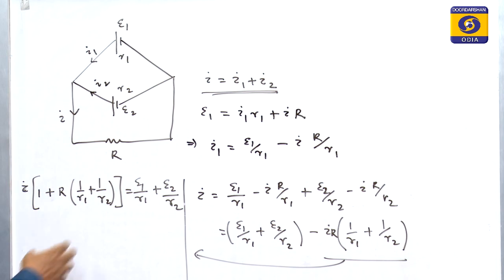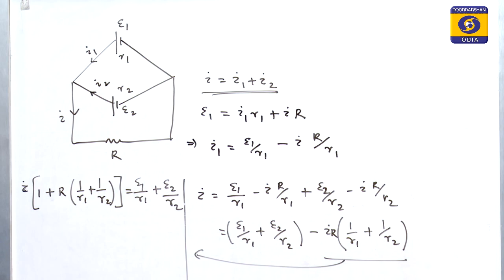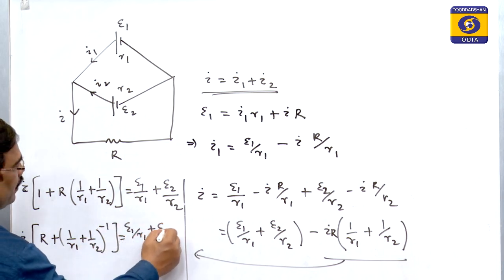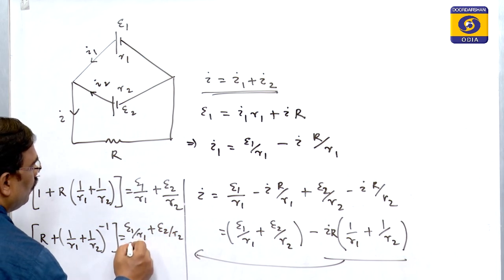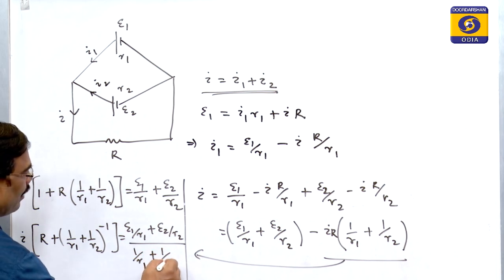Now, dividing both sides by 1 by R1 plus 1 by R2, I get I into R plus the inverse of 1 by R1 plus 1 by R2, equal to E1 by R1 plus E2 by R2 divided by 1 by R1 plus 1 by R2.